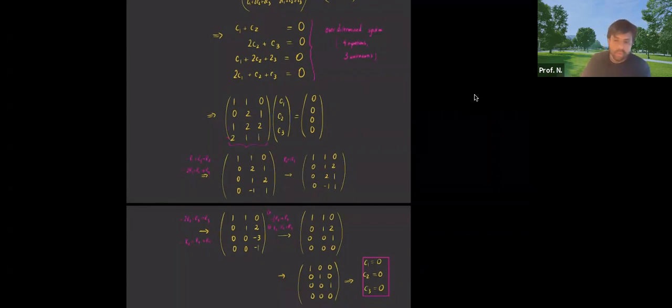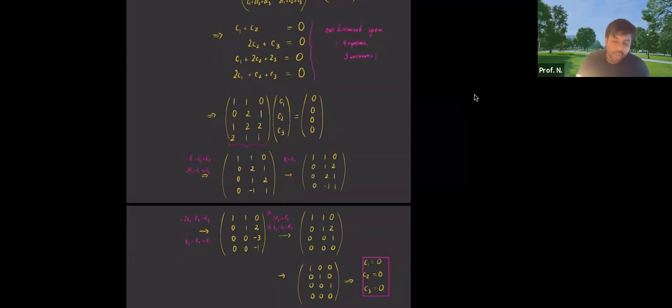The row reduced echelon form, that Gauss-Jordan elimination process, is always applicable when you want to solve systems of equations. It's just that now we're more sophisticated because we have determinants. But again, determinants fail when we deal with matrices that are non-square, such as this one.